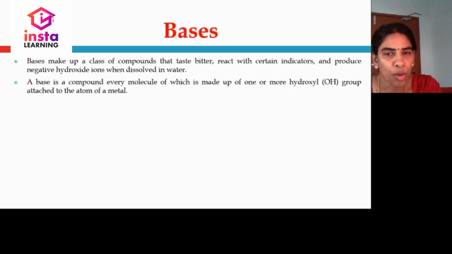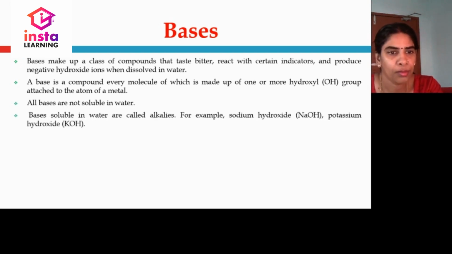A base is a compound, every molecule of which is made up of one or more hydroxyl, that is OH, groups attached to the atom of a metal. All bases are not soluble in water. Bases which are soluble in water, we call alkalis.